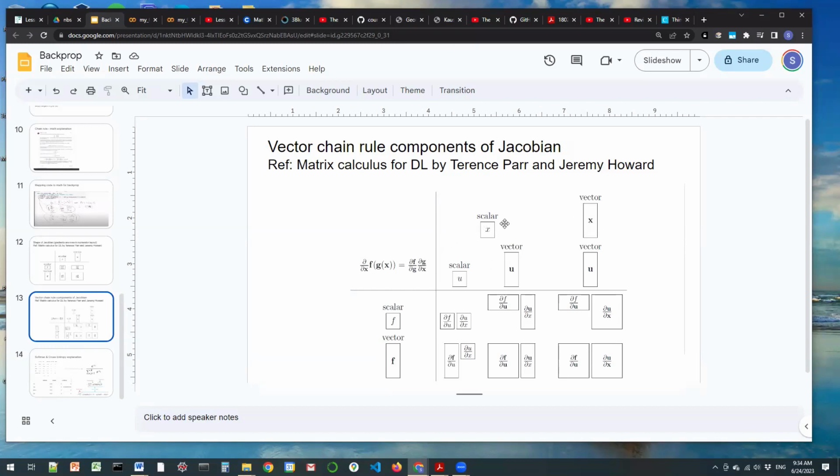So that's what this represents, a scalar, a vector. But when we differentiate a scalar with respect to a scalar, or we can differentiate a scalar with respect to a vector, of course, we differentiate a vector with respect to a vector. And then we say, okay, this is all g on the top here. But what about f of g? Oh, well, we now have to again consider that f of g could be a scalar or a vector. And when we push through, all of these are the resultant steps or shapes that you get.